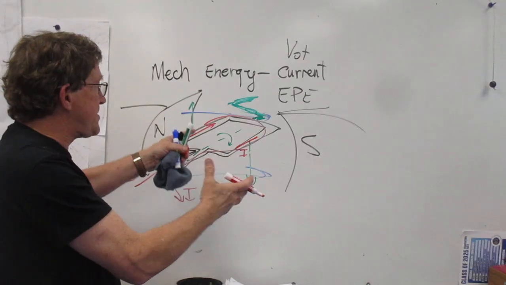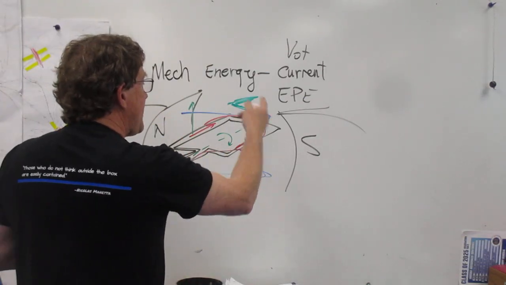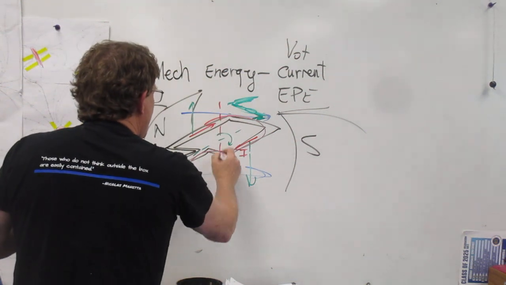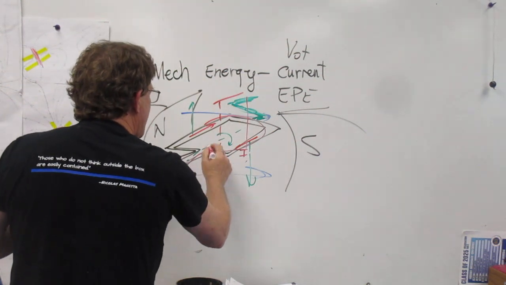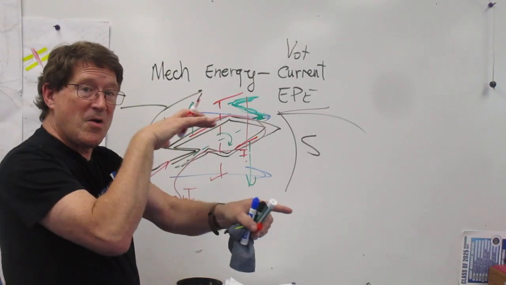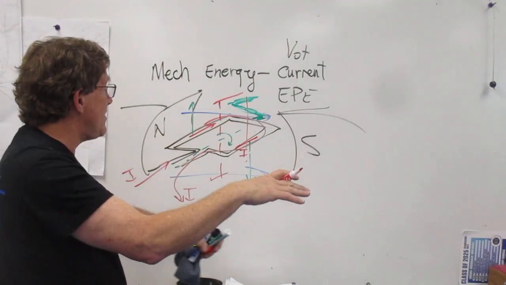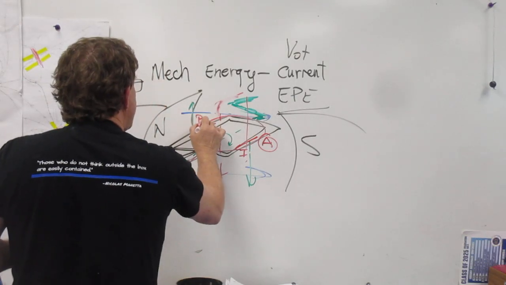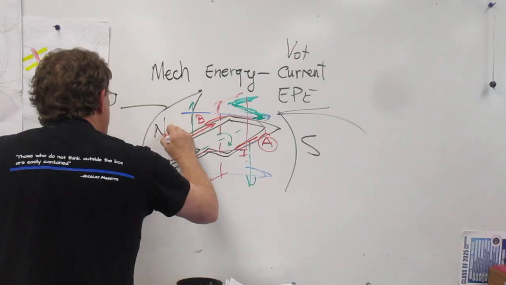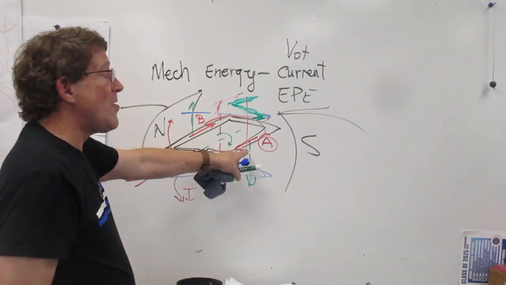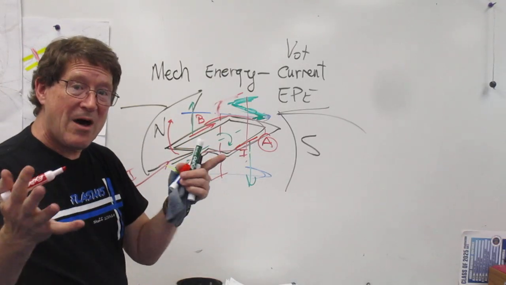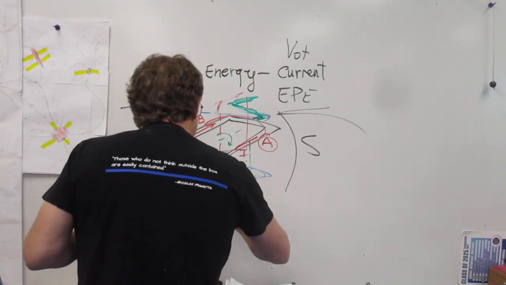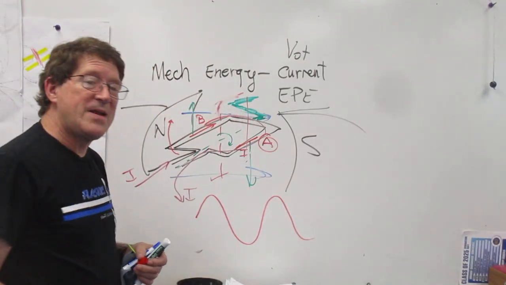And in fact, this particular device, if you're rotating a wire in a magnetic field, first the current's going this way at 90 degrees when the wire's oriented this direction. It's going 0 because you're going parallel to the magnetic field. And then call this wire A and this wire B, as this wire gets over here and starts coming up this side, the current's going to go in the opposite direction. So what you get out of a coil of wire rotating in a magnetic field is alternating current.